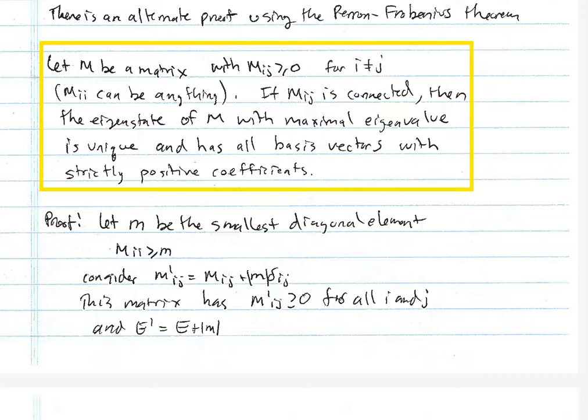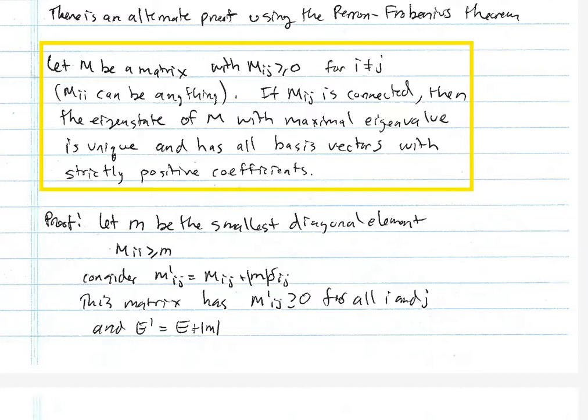Then if M_ij is connected, which means that for any two pairs i and j, you can find a path of non-zero M_{i_k i_{k+1}}, so you go M_{i1 i2}, M_{i2 i3}, M_{i3 i4}, etc., where i1 is equal to i and i_n is equal to j, and those are all non-zero matrix elements that connect the two sides, then we say M_ij is connected.